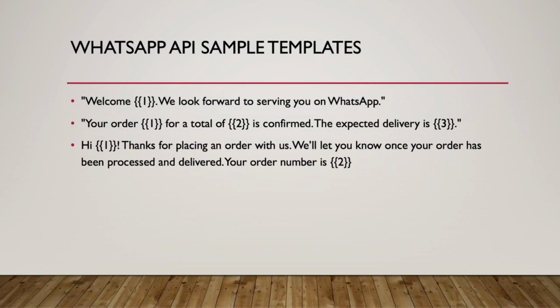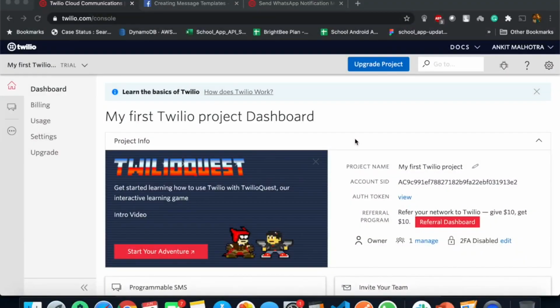For example, if you are in a food delivery business or an e-commerce business, you can use this template for sending a message upfront to the user. And we have another template: hi, thanks for placing your order with us. This is an order confirmation template. You have to fall into these categories and get your templates approved before you start communicating with the user upfront.